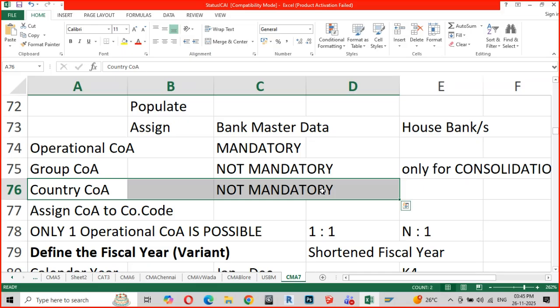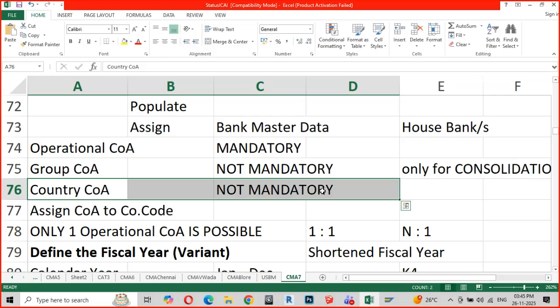Suppose the country of the business differs from the accounting requirements. In that case, you will definitely have to follow their legal requirements to continue your business there. Clear? So that is where you require a country chart of accounts.